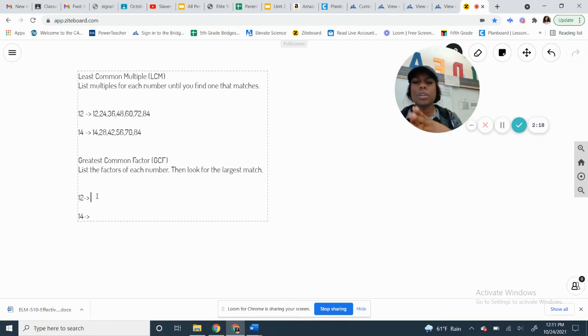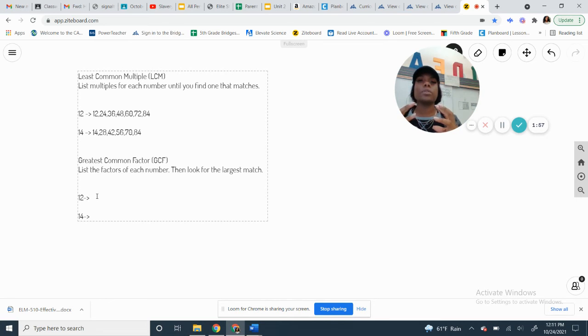Again, the factor is a number that you can multiply another number by to get the product. 1 times 1, a million times 2 million. Okay, so for this one, what are the factors?